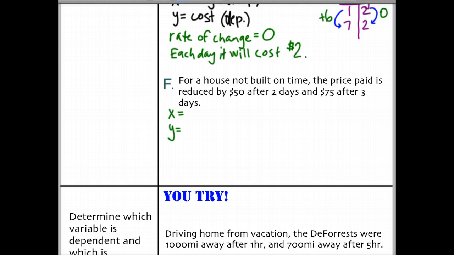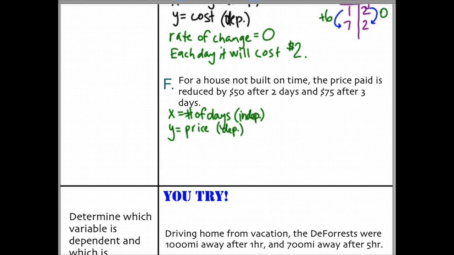The price depends on how many days after the house is built. So x is the number of days, which is the independent variable, and y is the price, which is the dependent variable.